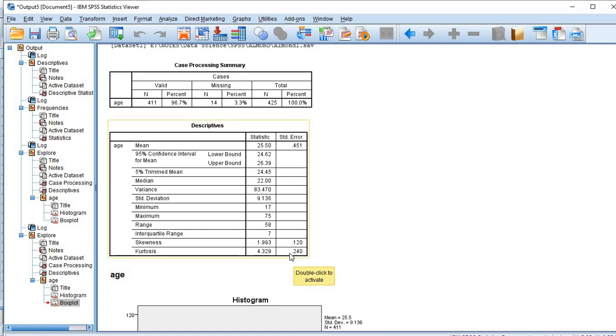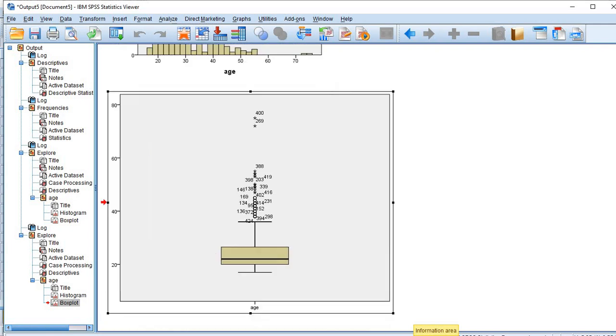The quartiles are very important in terms of generating the box plot and talking about it. Now, let's just talk about the box plot. You realize there's this rectangle, or rather the box, here.